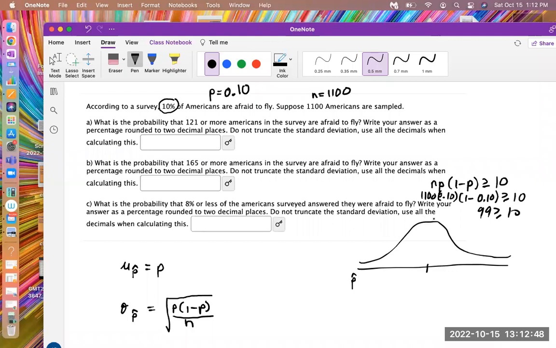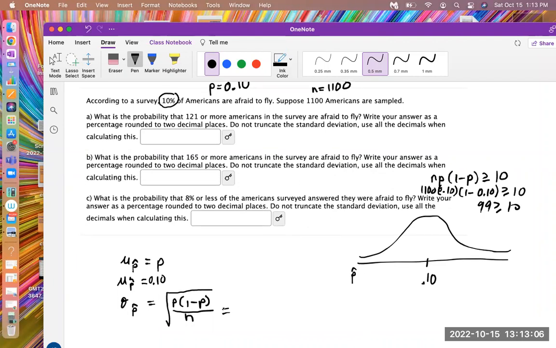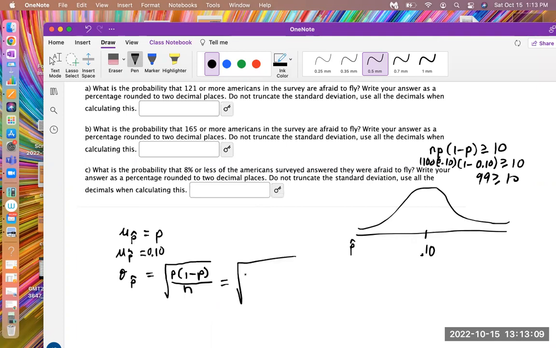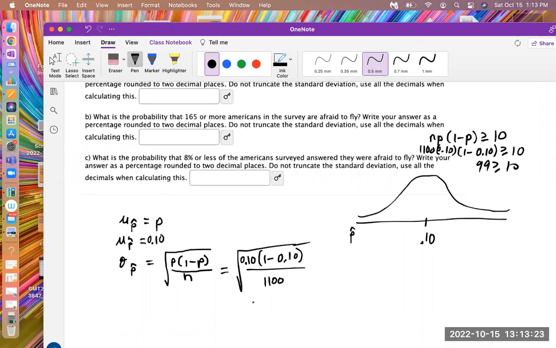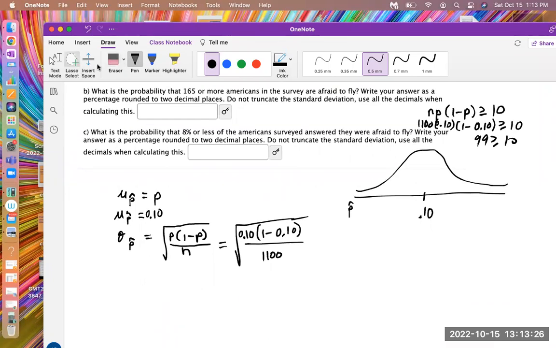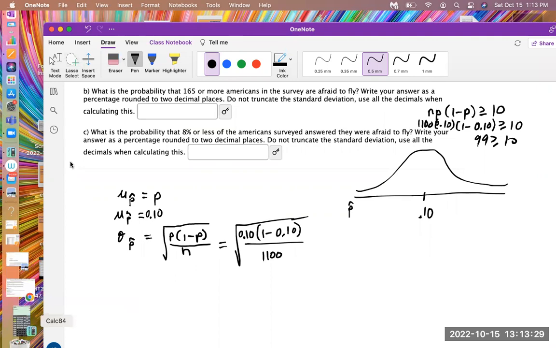The mean, the peak of that, is going to be the 0.1, since that's what the population proportion is. Now we can calculate the standard deviation of that distribution. That's going to be the square root of 0.1 times 1 minus 0.1 all over 1,100, and we can do that calculation.